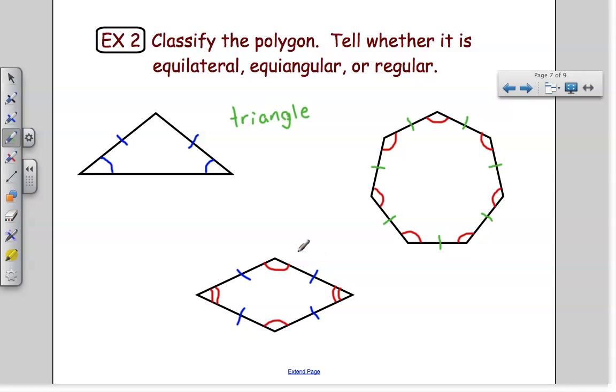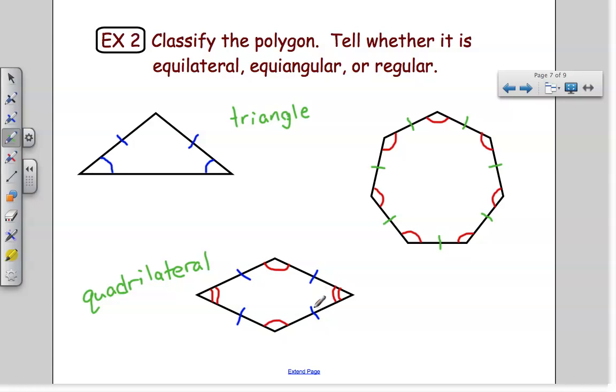What about this one? We have how many sides? We have 4 sides. Now remember, the generic term for a 4-sided polygon is a quadrilateral. This is actually a special type of quadrilateral. We'll discuss those in a later chapter. Is it equilateral? Remember, equilateral meant equal or congruent sides.